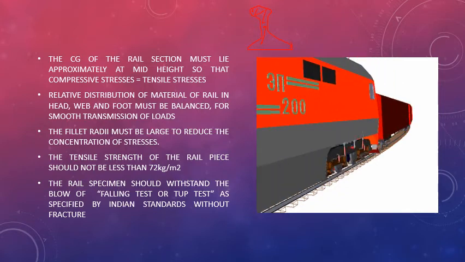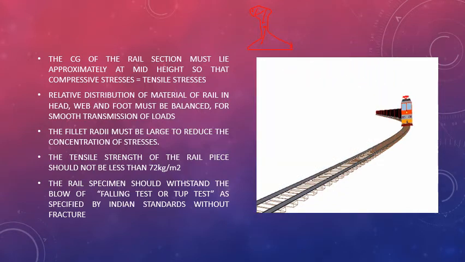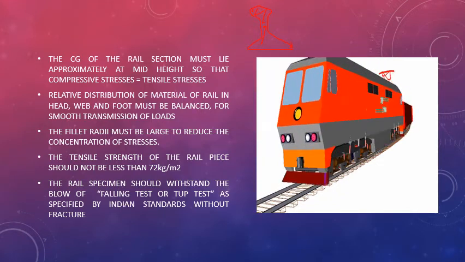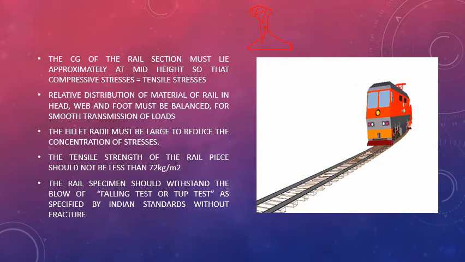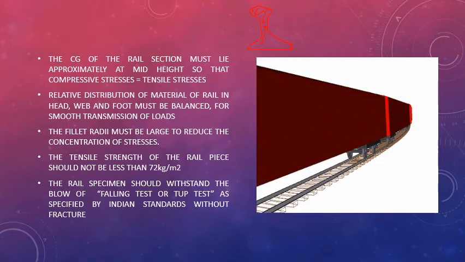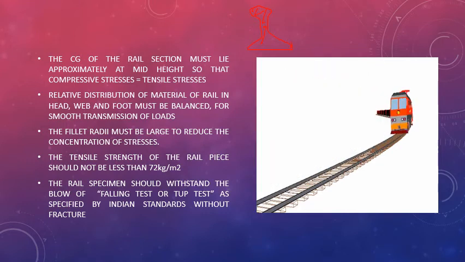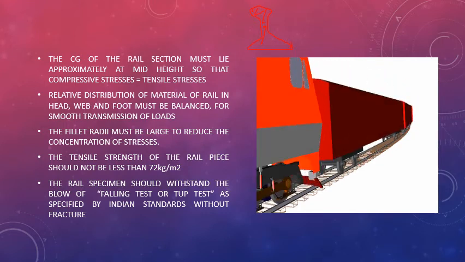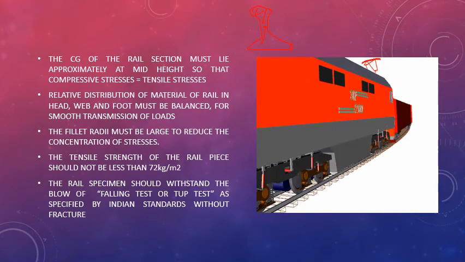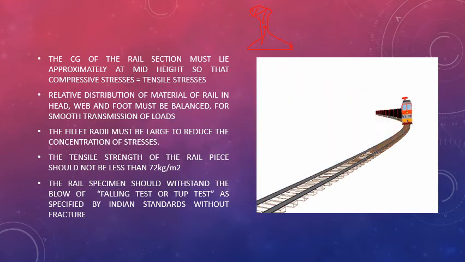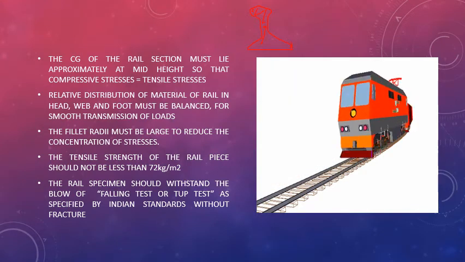The fillet radii must be large to reduce the concentration of stresses. I hope you learned about the fillet radii and all in the DSS portion. So you all are familiar with the fillet radii. So the fillet radii must be large to reduce the concentration of stresses. The tensile strength of the rail piece should not be less than 72 kg per meter square.